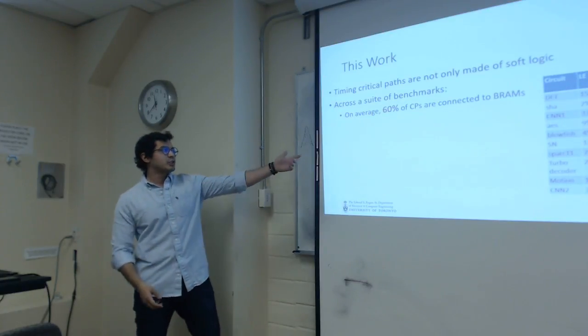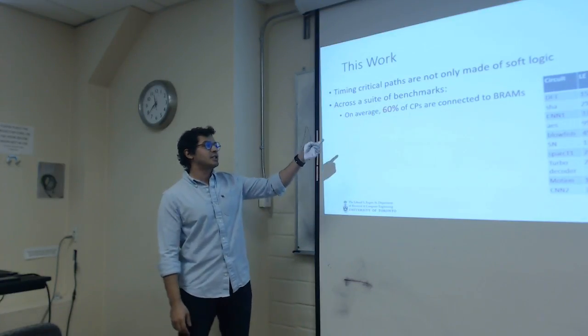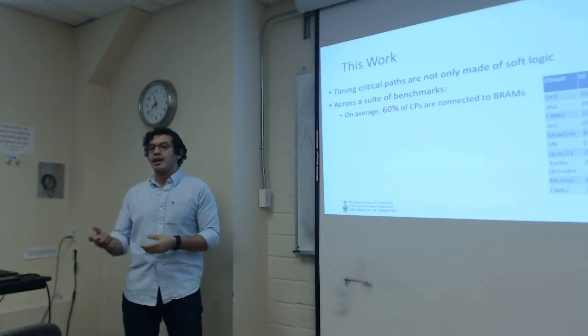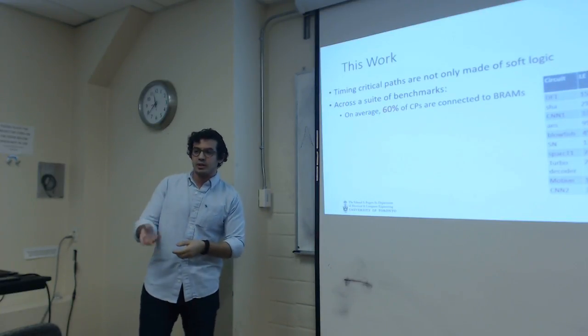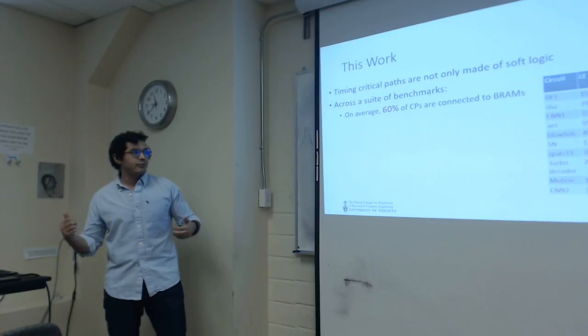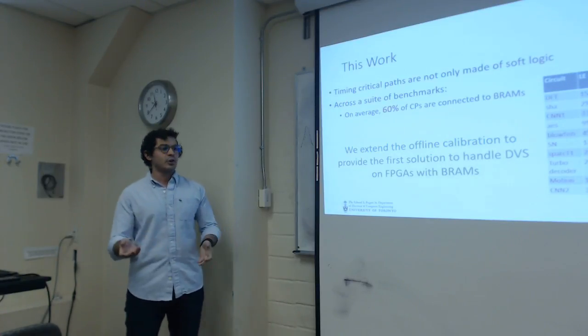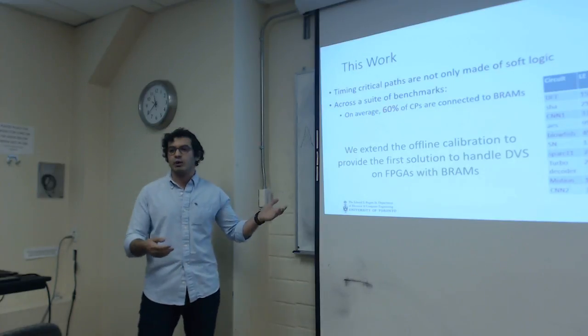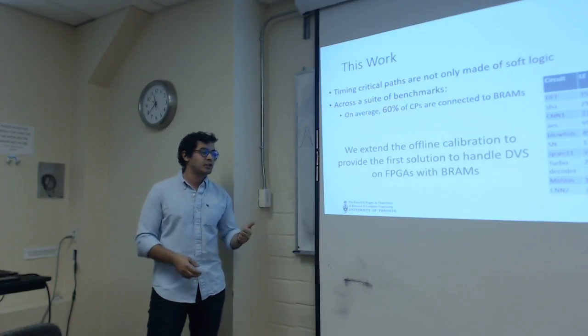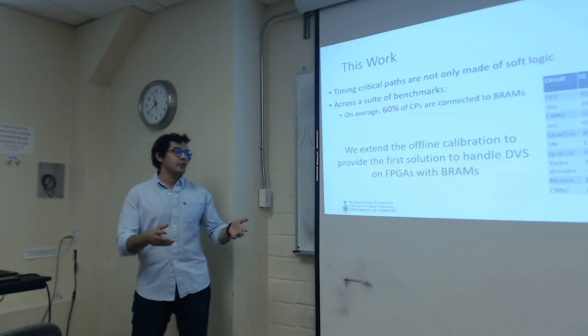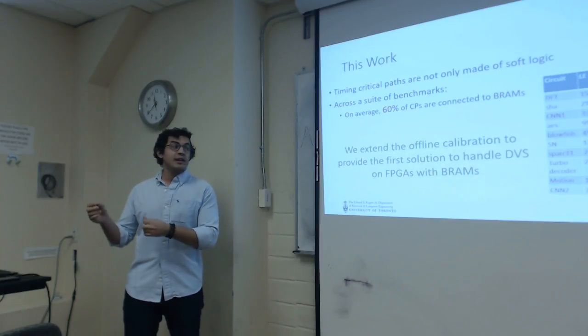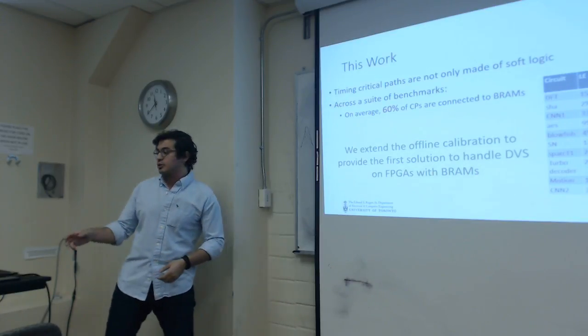And we discovered that on average, 60% of these critical paths are somehow connected to the BRAMs, either feeding a BRAM, or inside a BRAM, or being fed from a BRAM. And this drove this work, where we extend our previously proposed offline calibration to provide the first solution to handle DVS on FPGAs that use BRAMs.